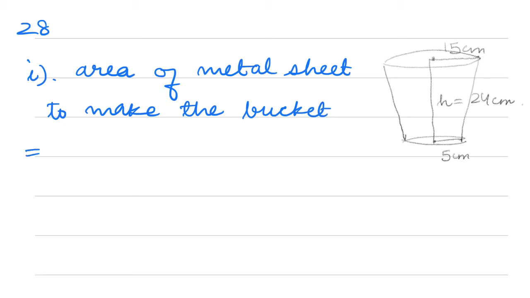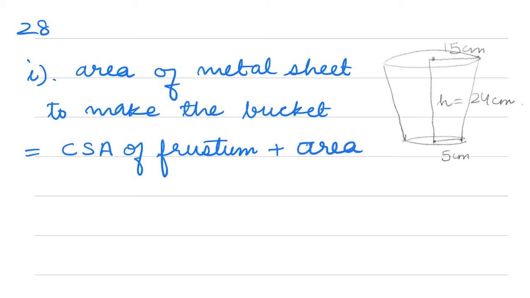So that will be equal to the curved surface area of the frustum plus, in a bucket we just have the bottom part, so I'll write down the area of the base of the bucket or frustum.